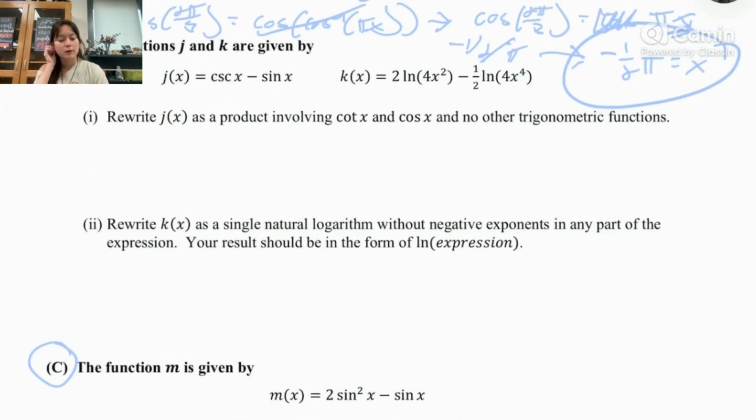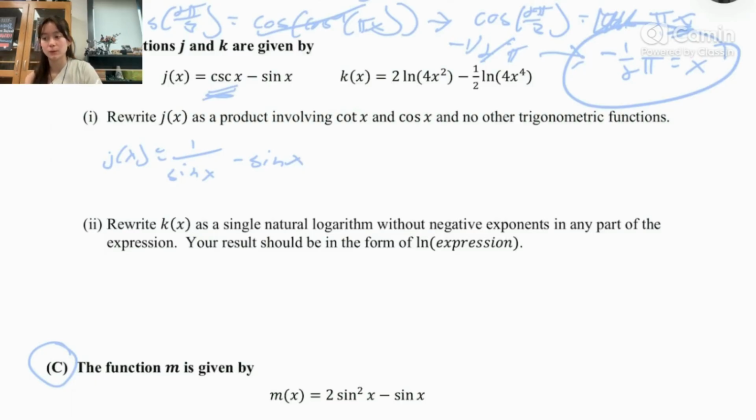Rewrite j of x as a product involving cotangent x and cosine x and no other trig functions. So, again, back to the memorization formulas. We remember that cosecant of x is the same thing as 1 over sine of x. So, you're going to do j of x equals 1 over sine of x minus sine of x.